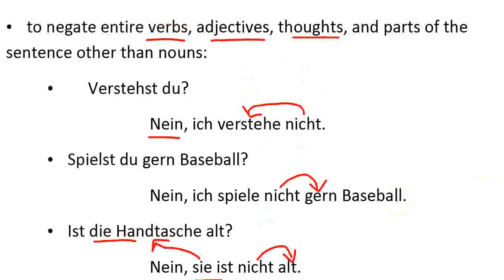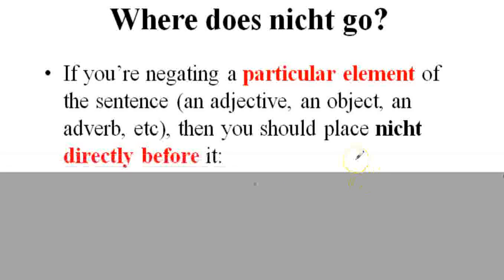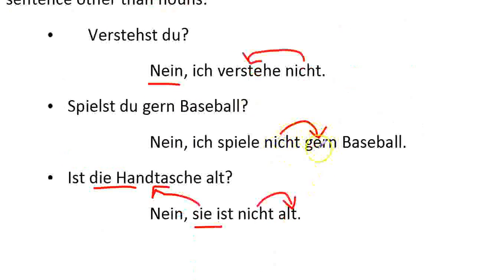So nicht. The challenge becomes there are lots of places to place nicht, depending. So we want to watch out. If you're negating an element, except for a verb, you want to make sure that you put nicht right before that element. So if you think back to this information here, nicht gern, not liking. Nicht alt, not old.